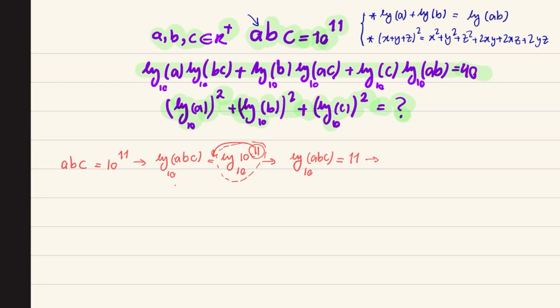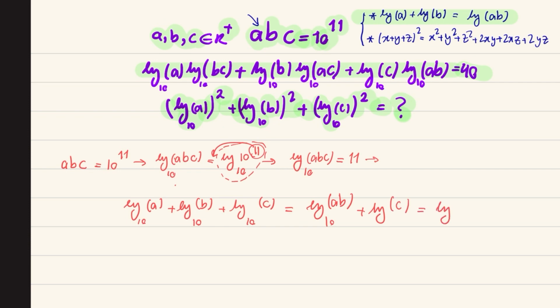In the left hand side, we have log of a times b times c, which we can use this term to change this. Log of a plus log of b plus log of c, all of them in base 10, is equal to log a times b plus log c, and this is equal to log a times b times c, which is 11.